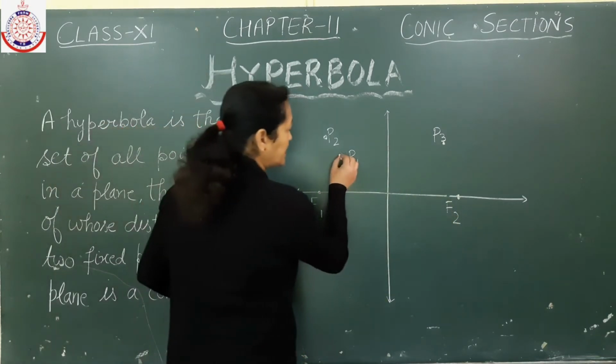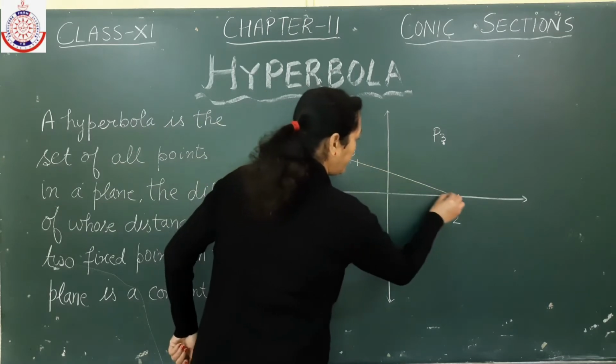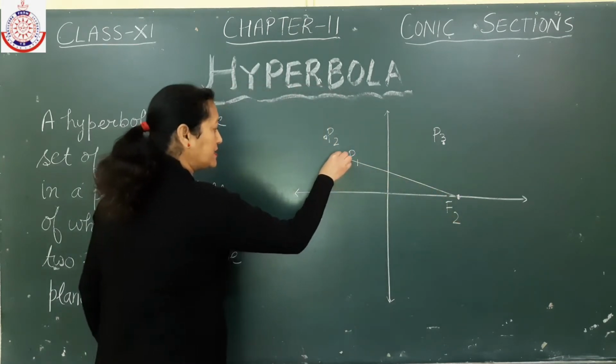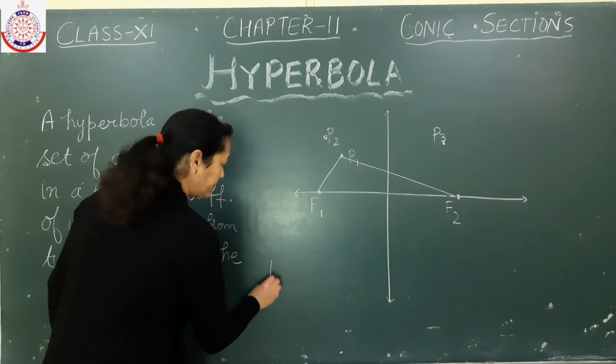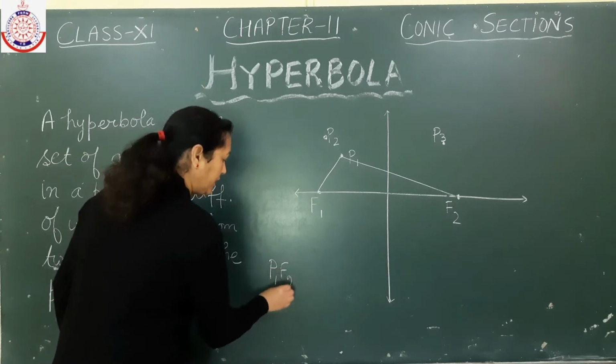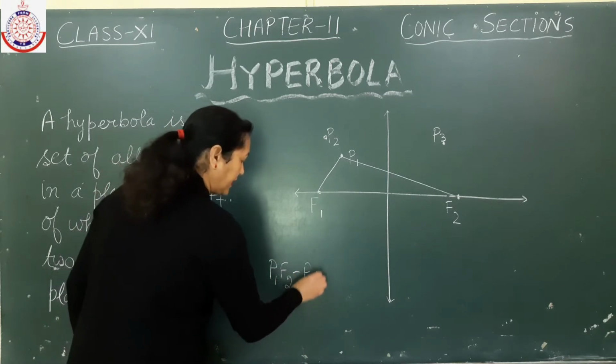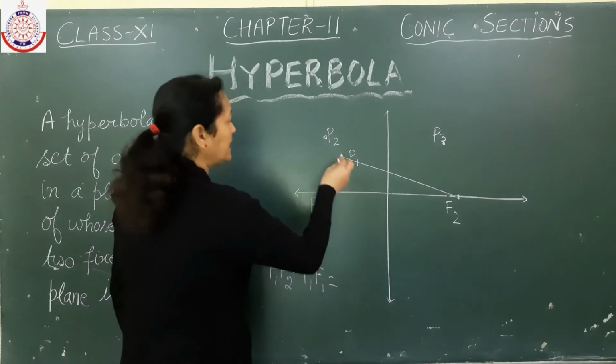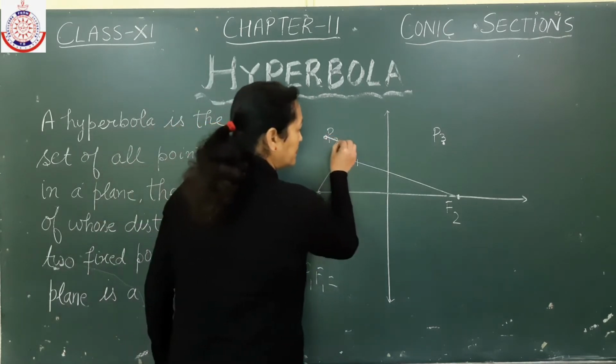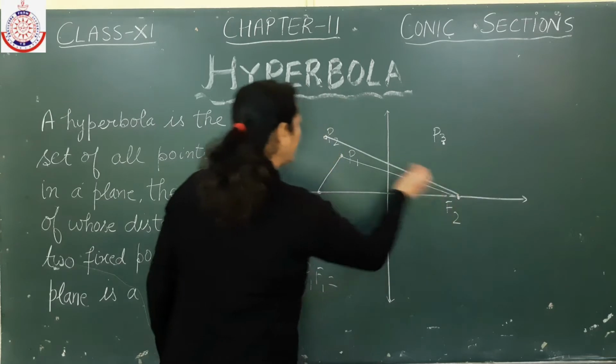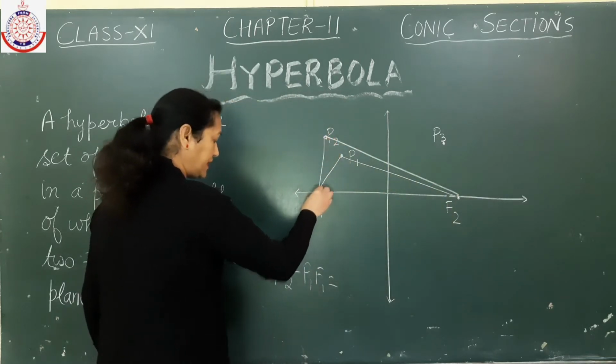If we say distance of point P1 from F2 minus P1 F1, it would be same as P2 F2 minus P2 F1.